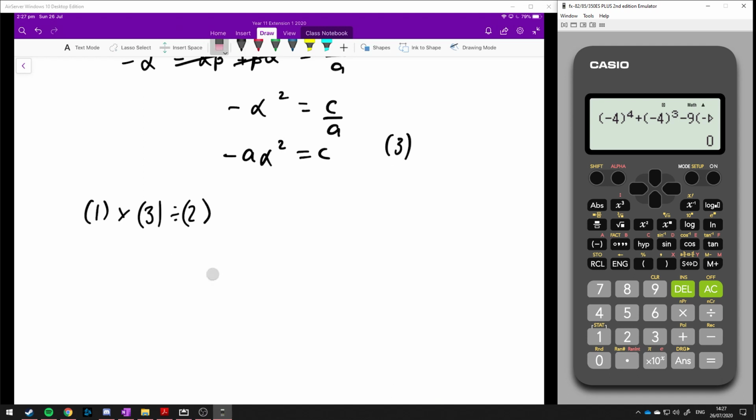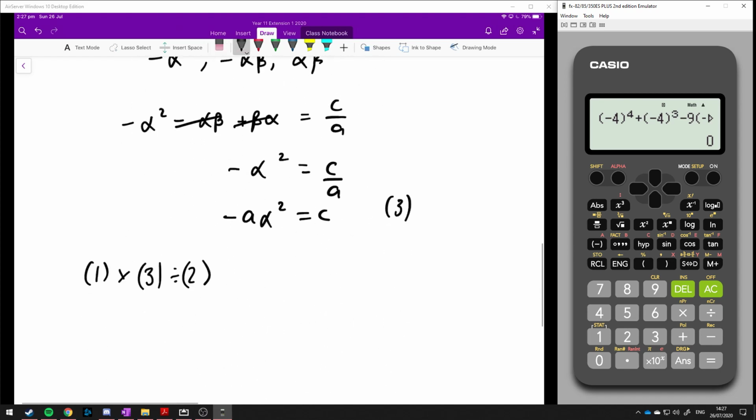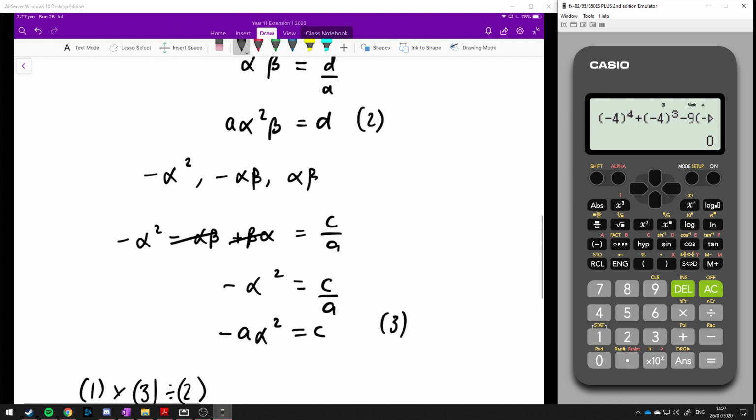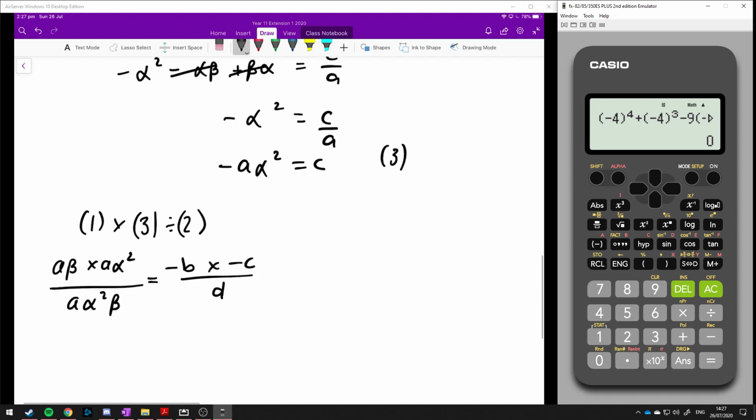The first equation, we'll take this equation here, so minus b times minus c over d, which is equal to, back up here, original things, a beta times a alpha squared over a alpha squared beta. Okay, and that's equal to minus b times c over d.